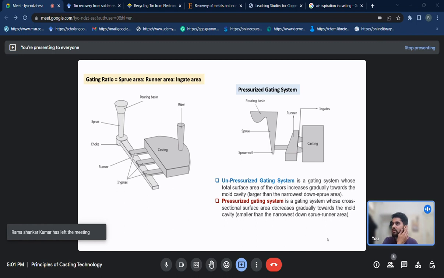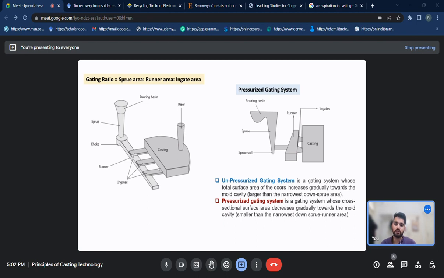As you can see from the diagram, the gating ratio is the ratio of the sprue area to the runner area to the ingate areas.